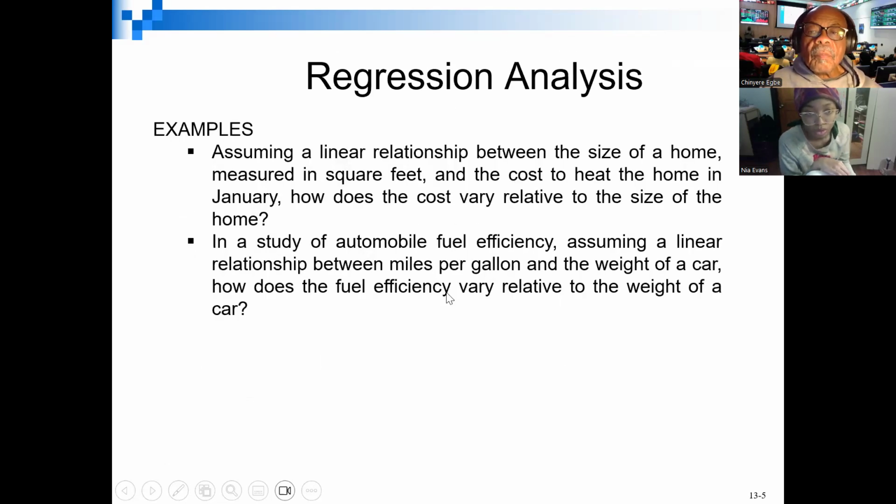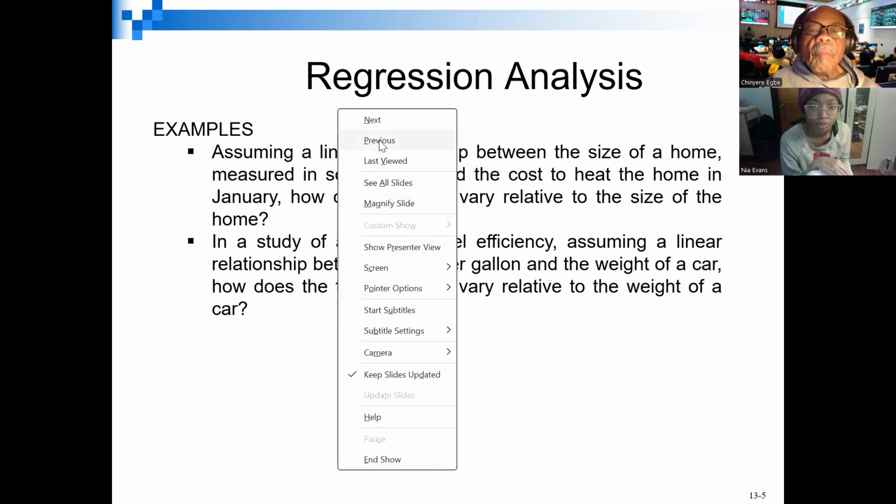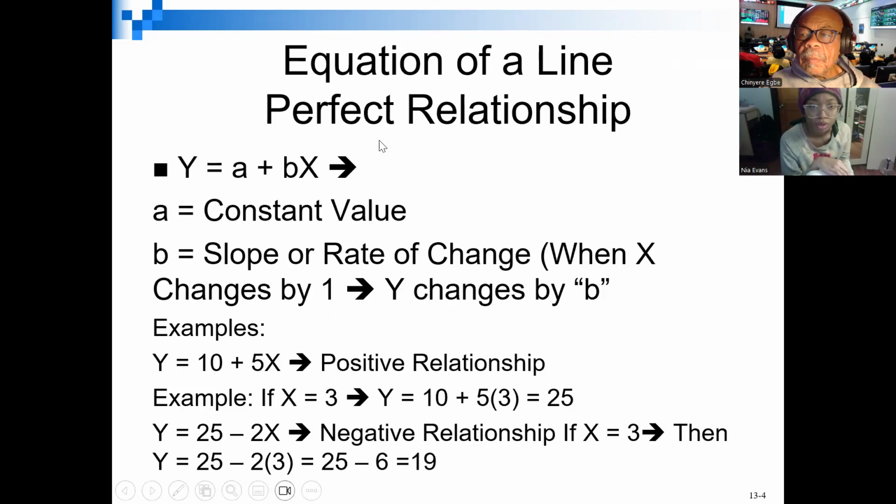All right. Okay, wait. So just to clarify, when X changes by 1, Y changes by B. So that means that if X becomes 4, that would make Y into 25 minus what?